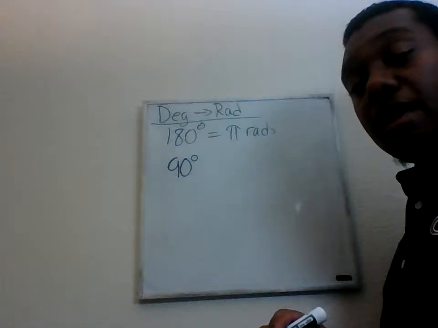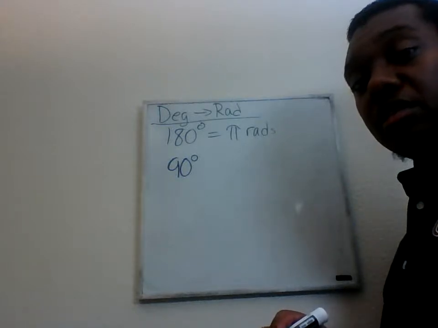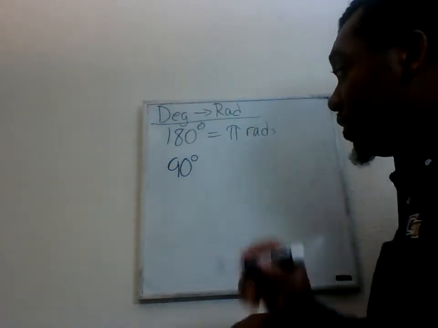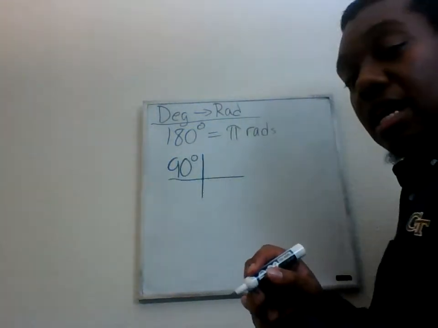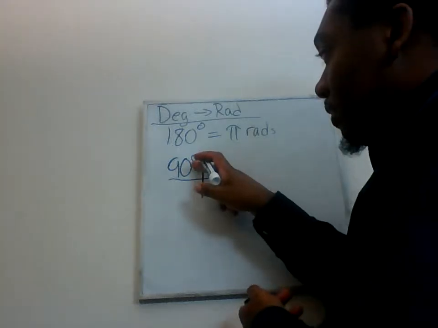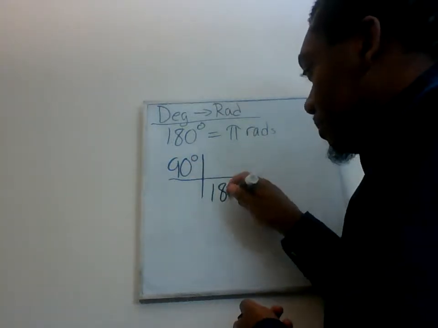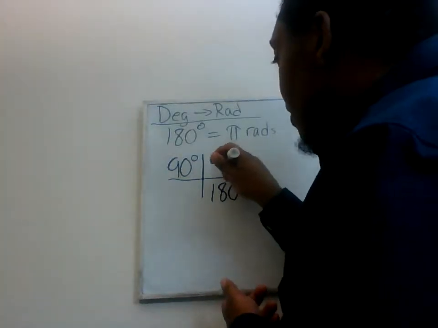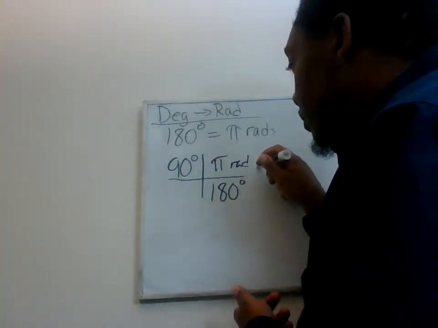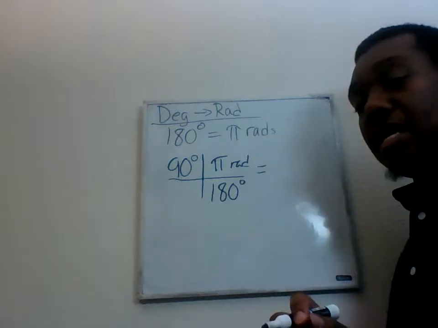Well, if we look back at our dimensional analysis, or how you generally do your conversion factors, I can say, I'm trying to get rid of degrees, so I'm going to put that down here at the bottom. And I'm converting to radians, so that's going to go up here at the top. And so what does that give me?